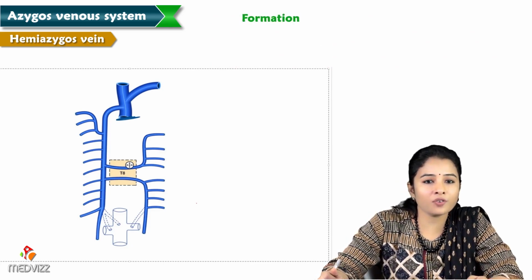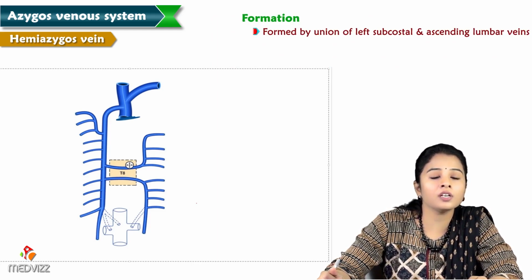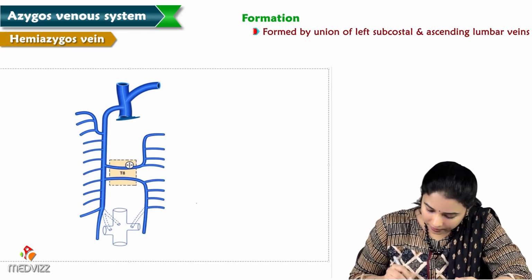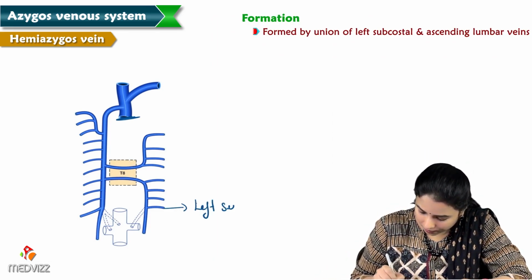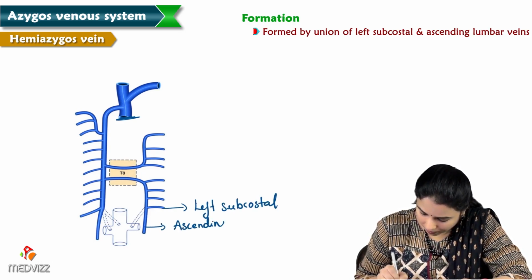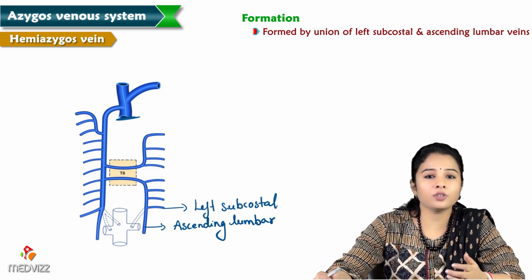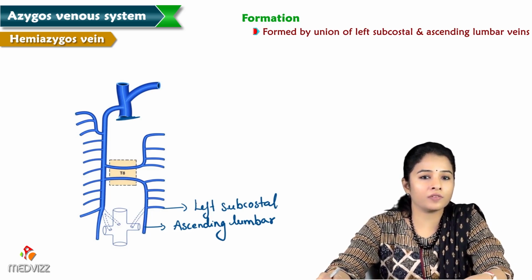Let's see the formation of the hemiazygous. It is formed by the union of the left subcostal and ascending lumbar veins, similar to the formation of the azygous vein on the left side.